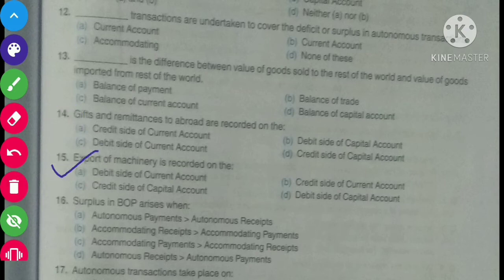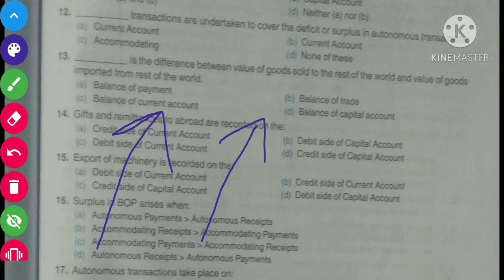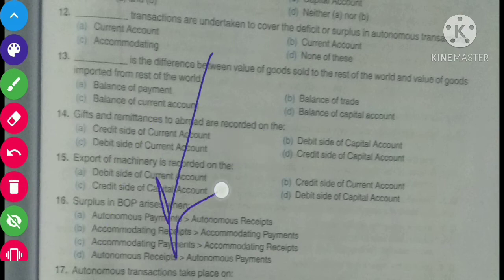Move to next question number 15. Export of machinery is recorded on option A, debit side of current account. Option B, credit side of current account. Option C, credit side of capital account. Option D, debit side of current account. Here, export of machinery. In exchange of export of machinery, there is inflow of foreign currency or foreign exchange. Same thing.